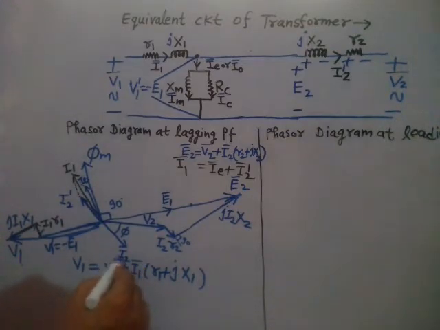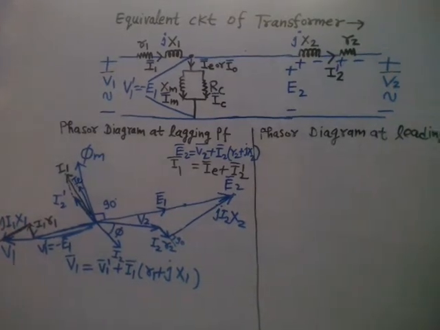These are all phasor values, so take a phasor notation. So that's how you draw this phasor diagram at lagging power factor. This is a phasor diagram of the transformer at the lagging power factor.